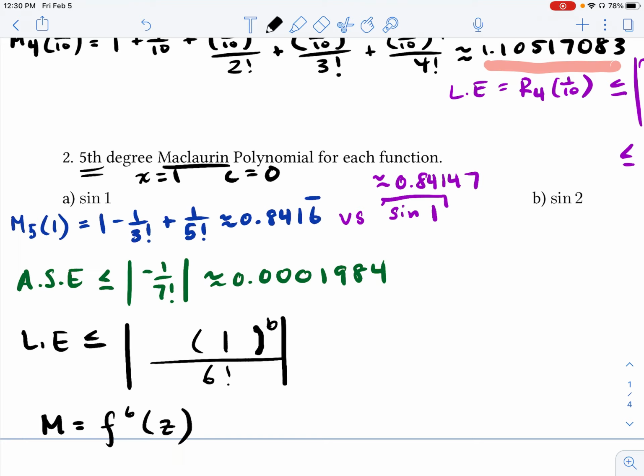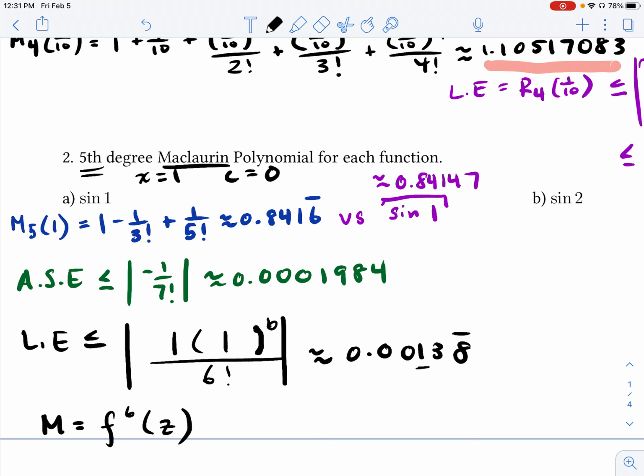We already know from our previous lesson that the largest value that could come out of any derivative for sine or cosine is always going to be equal to 1. That's just the range of that function. So we can easily put in 1 there. And when we punch that in, we get approximately 0.00138. Now, if we had just looked at this Lagrange error isolated, we would say, hey, that's pretty darn good. That's close to accuracy to 3 decimal places.